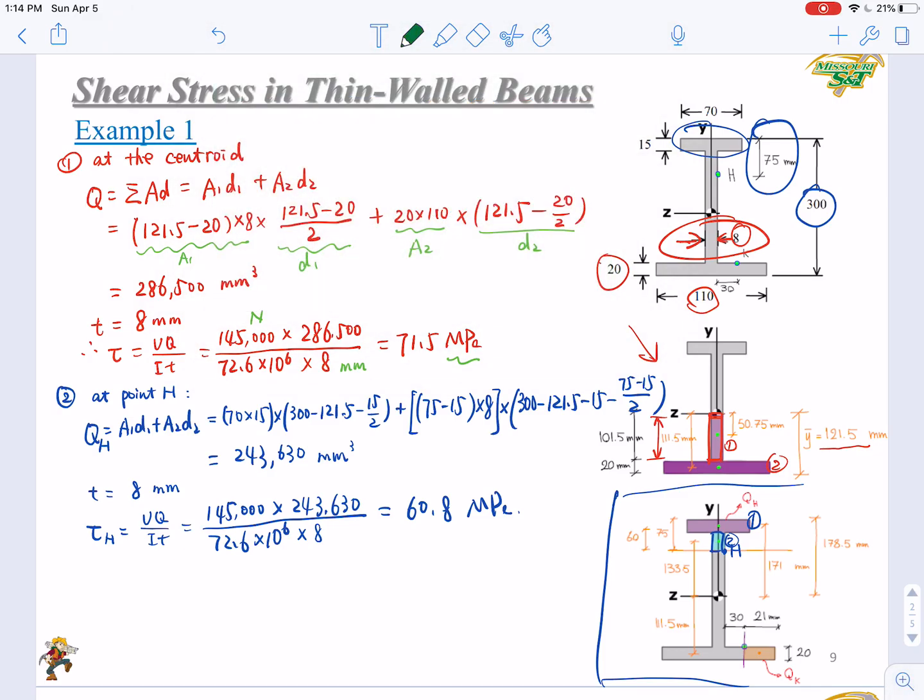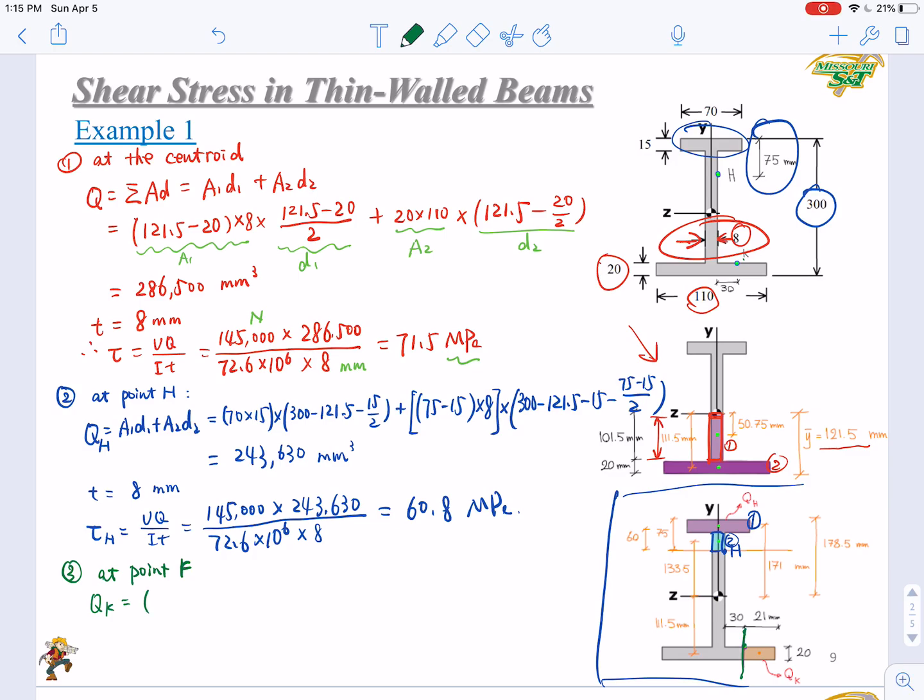Okay, the last step, let's look at point K. The point K will be relatively easy since it's just here. Right, so you cut it, you get a small area as shown there. So the QK, you will have only one area, so that is just AD.